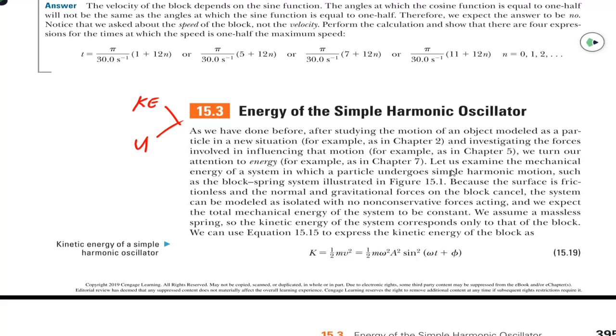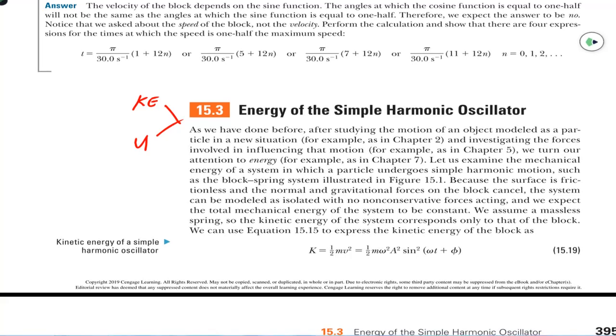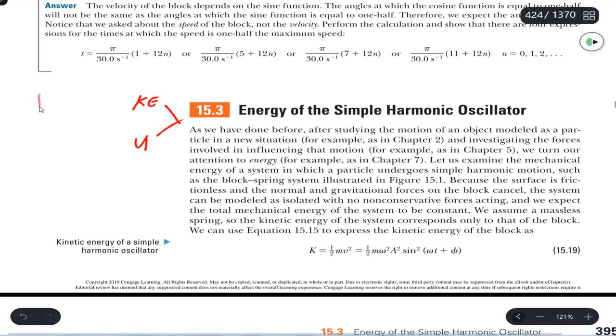So here we are looking at a scenario called resonance. There are two types of energy that we are going to discuss. Number one is kinetic energy, which is half mv squared. Number two is potential energy belonging to the spring. So we are going to look at this.